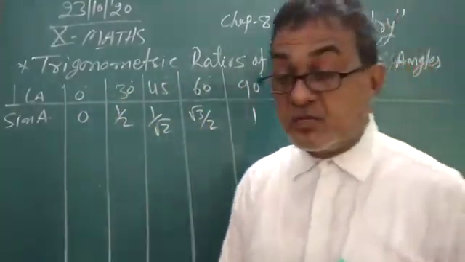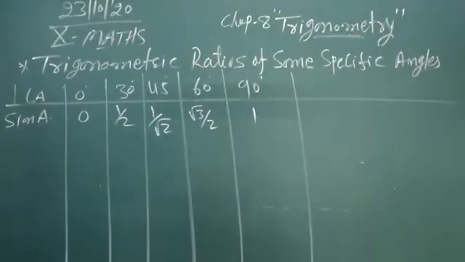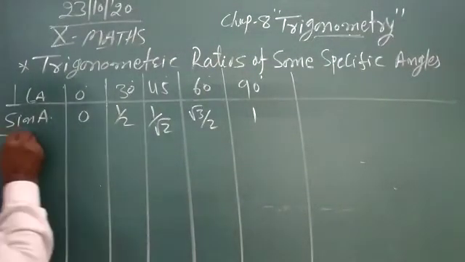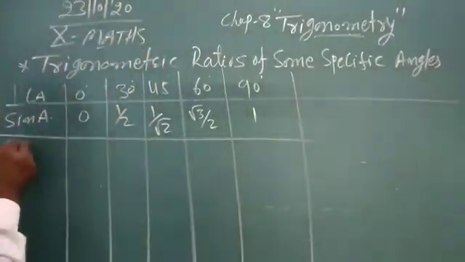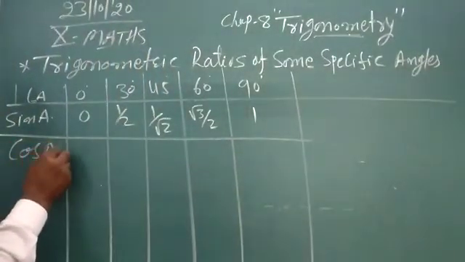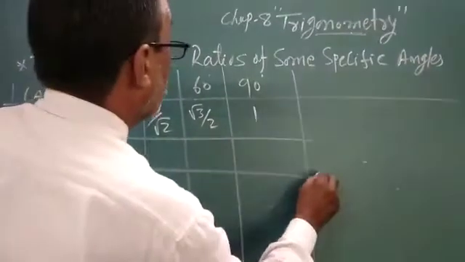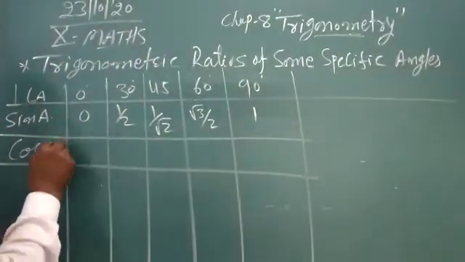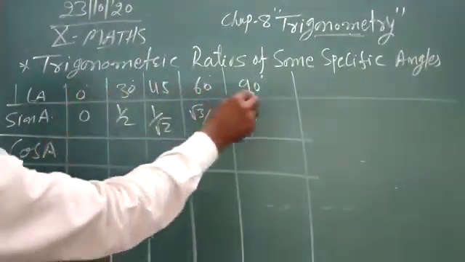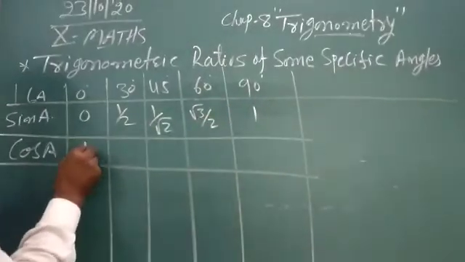Now, what is cos? What is the difference between sine and cos? For cos A, suppose cos 0 degrees, you write here 1.